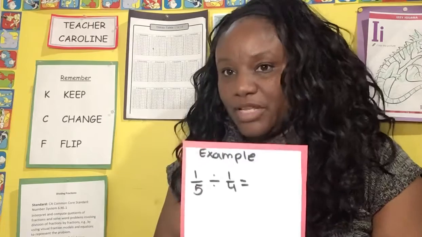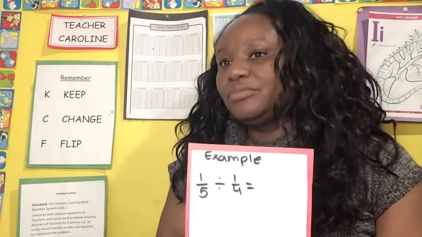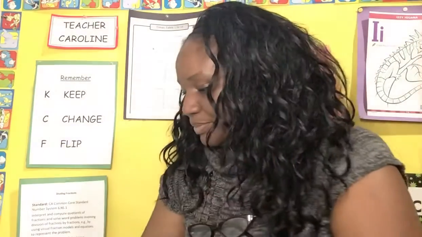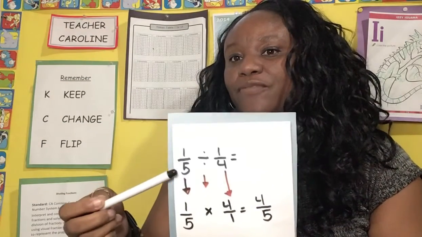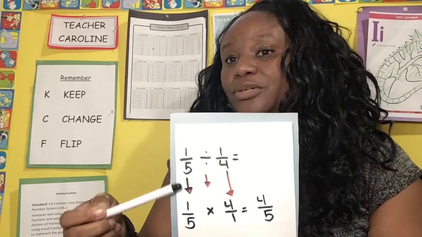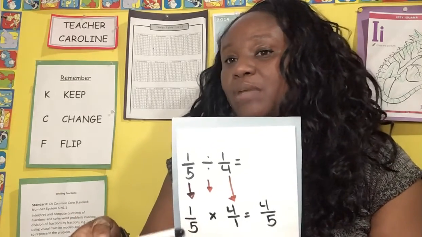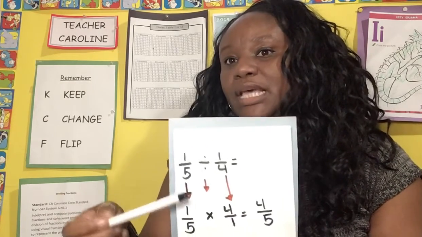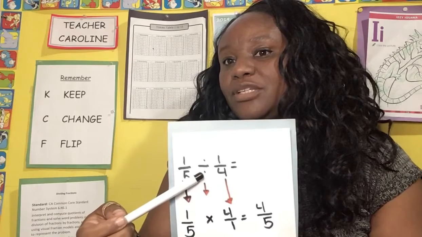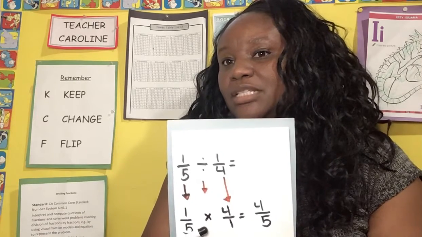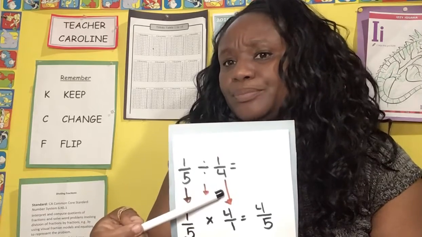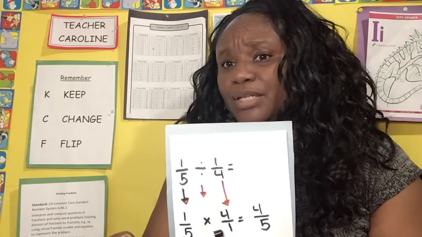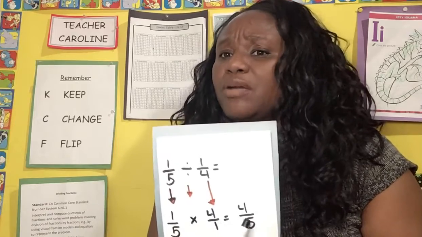First, keep the first fraction the same, 1/5. Always keep it the same. Second step, change the division to multiplication. Last step, flip 1/4 to 4/1. Then you just multiply across.